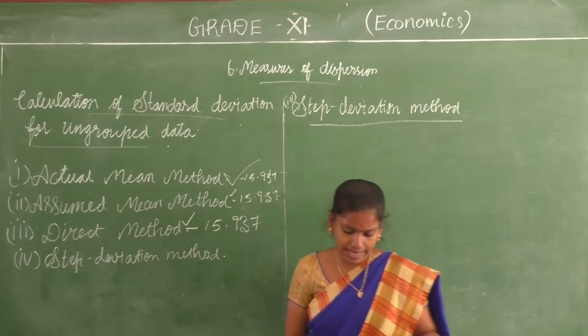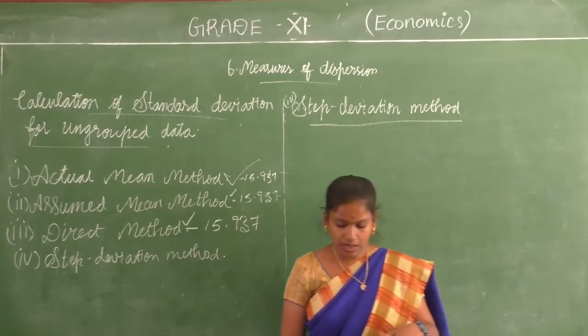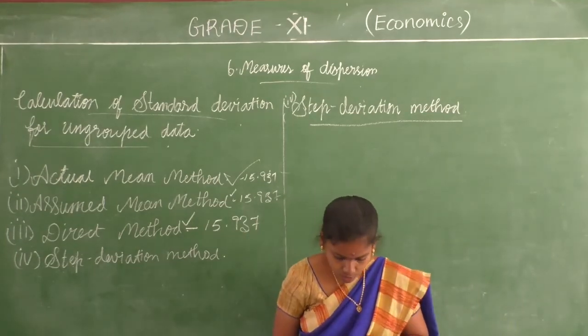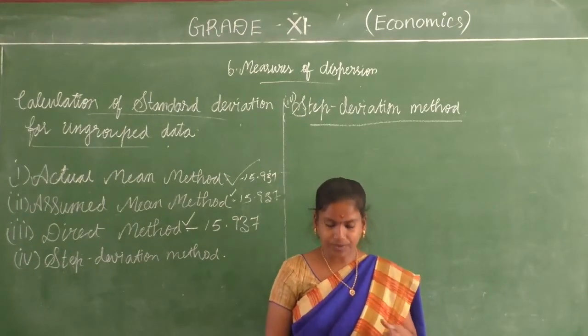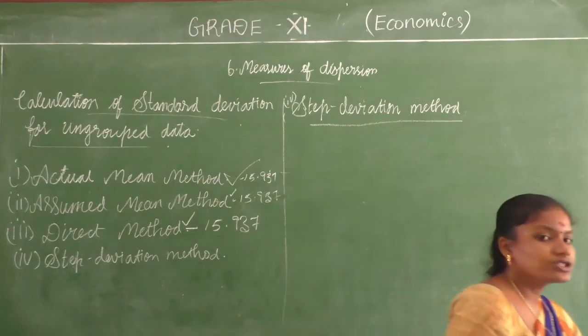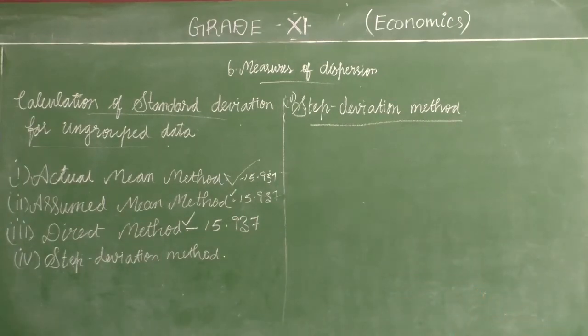We are going to have x, then we are going to find x squared, and we are going to have a d dash, and we are going to have a d dash squared. That is what we are going to do under what method? Step deviation method. So what are we going to do in this method?